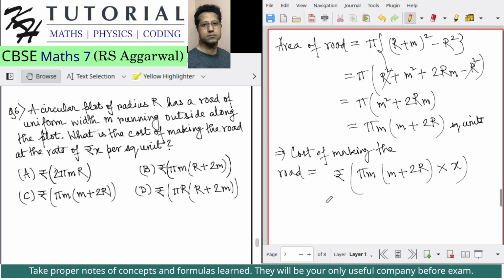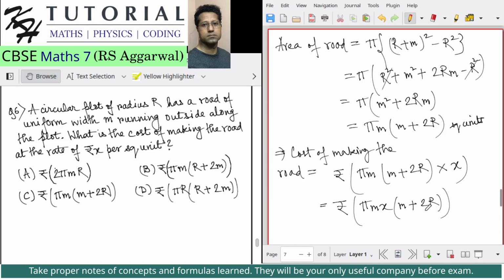So this is equal to the cost of making the road at the rate of rupees x per square unit. I think there is a mistake in the choices. The cost will be rupees pi m x multiplied by (m plus twice R).